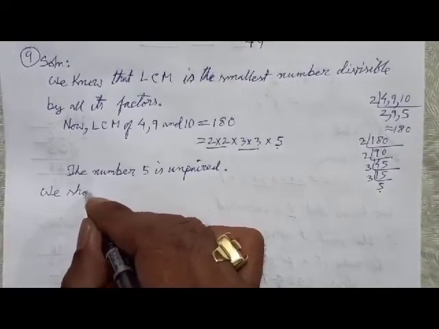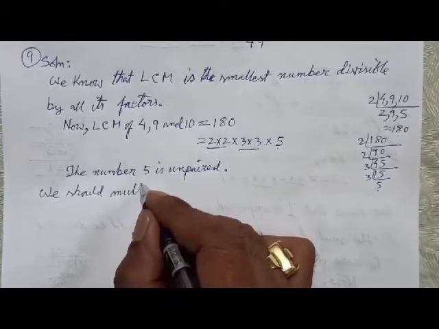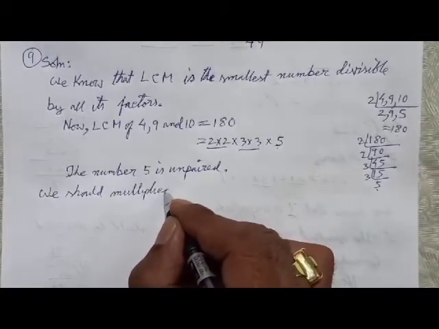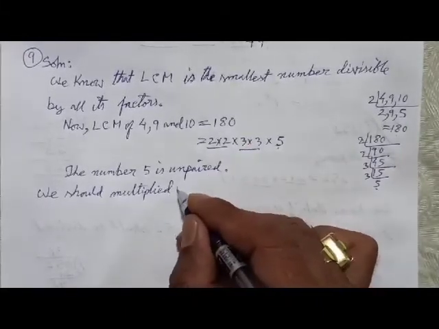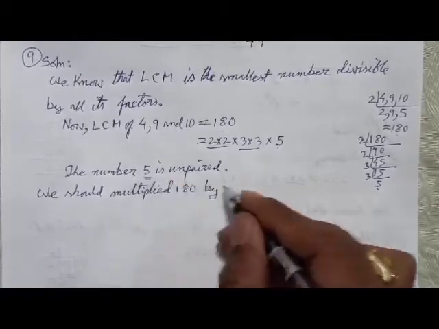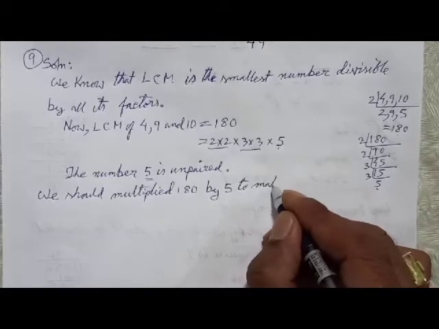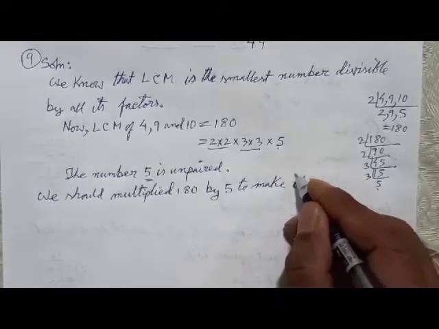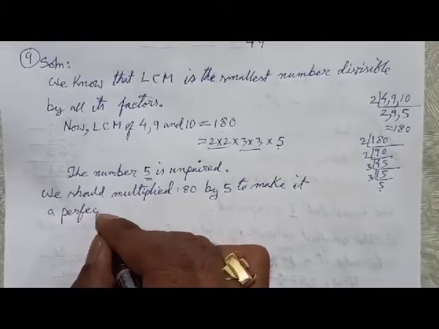5 is unpaired. We should multiply this 180 by this unpaired number 5 to make it a perfect square.